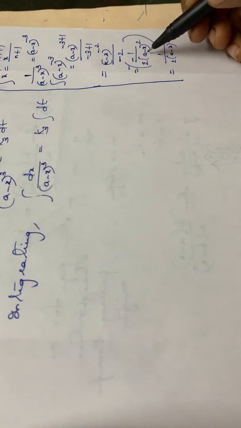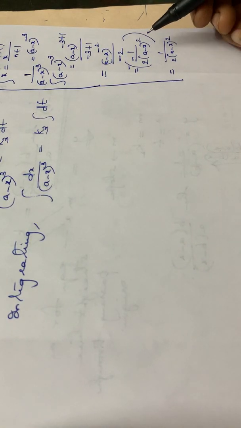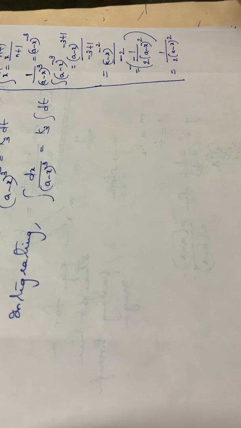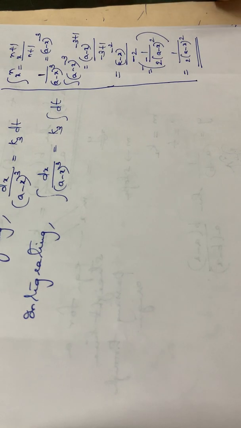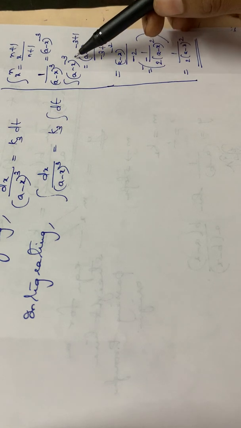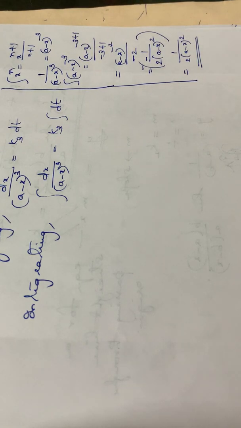At the last step you have to integrate the minus x also, so the minus sign will also come. So the integral of a minus x raised to minus 3 will be 1 by 2 into a minus x, the whole square. Hope you are clear with this derivation.